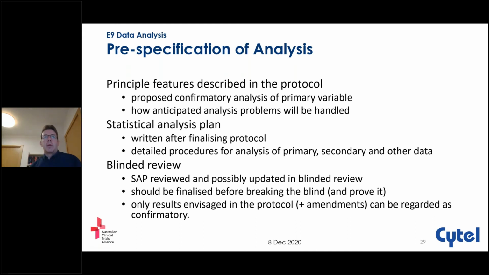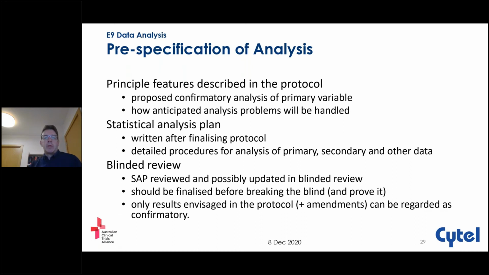Not only do you have to say what's happening about the primary endpoint and the key secondary endpoints in the protocol, it also defined the need for a separate statistical analysis plan that gave all the detail you would need to conduct the analysis of all the endpoints in the trial. It then talked a bit about processes for the analysis plan as well, and said it was possible to update it in a blinded review just prior to breaking the blind. You'd have to prove it, of course.